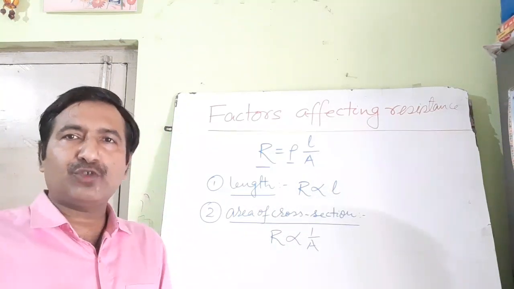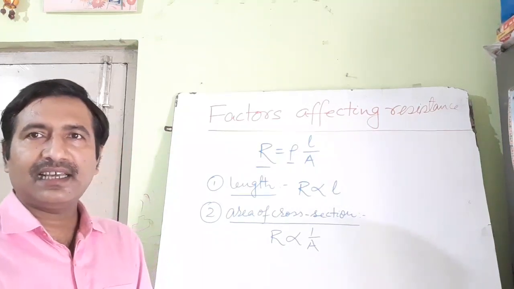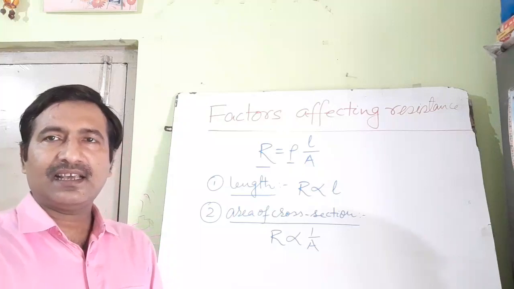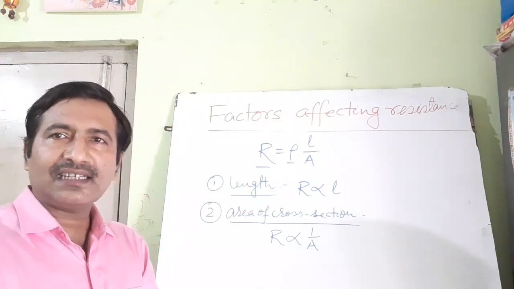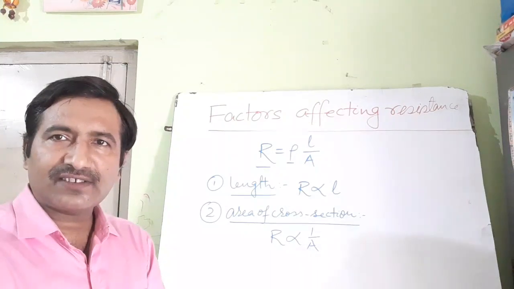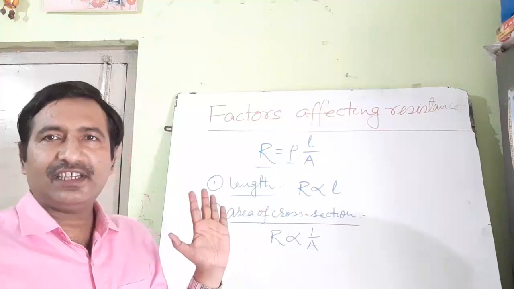If you increase the area of cross section of a conductor, its resistance will decrease. If you decrease the area of cross section, its resistance will increase. Got it? So R is inversely proportional to A.